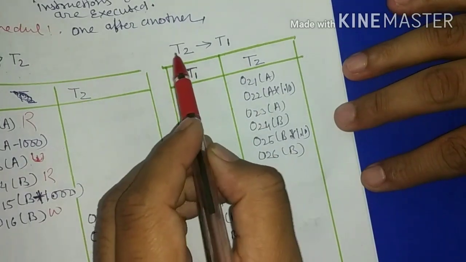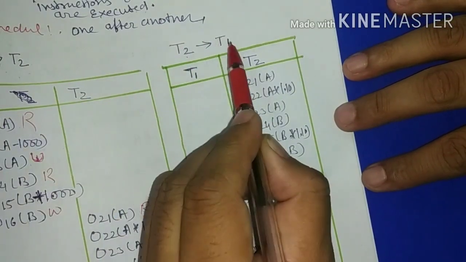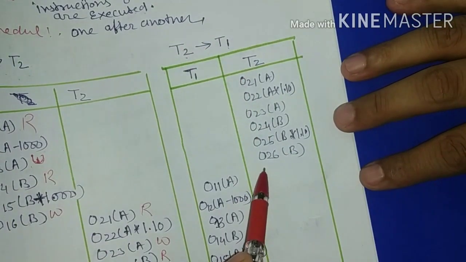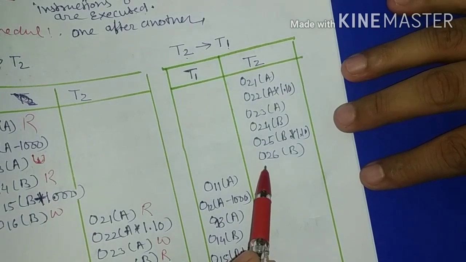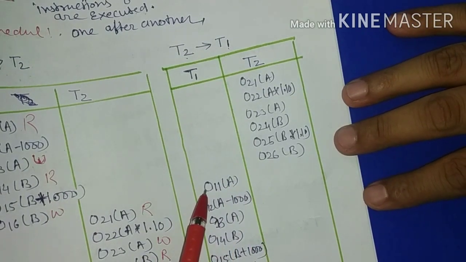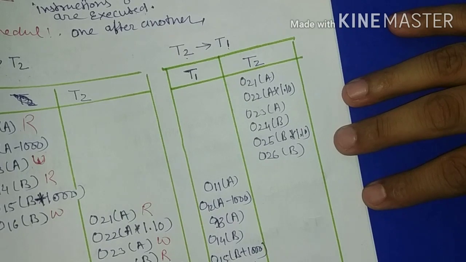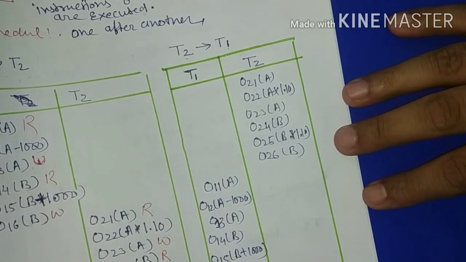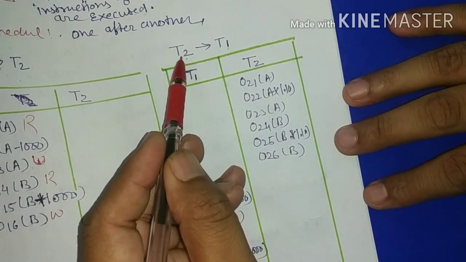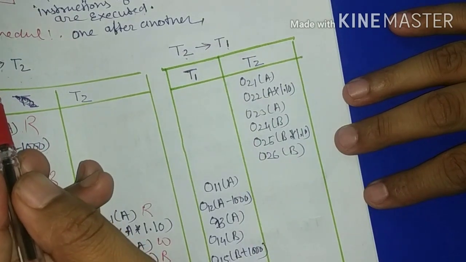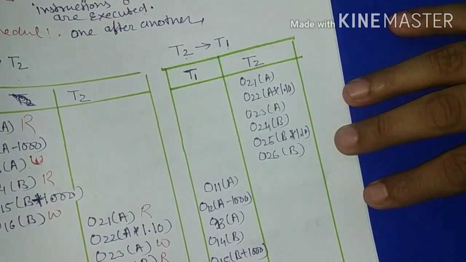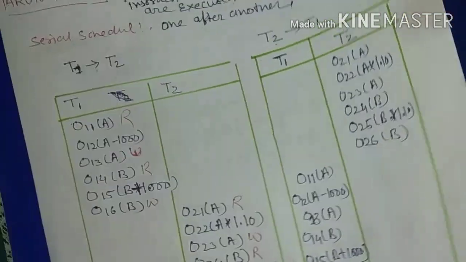Or you execute transaction T2 first, completing all its operations, then start all the operations of transaction T1. So this is another possible serial schedule. You complete T2 first then T1, or T1 first then T2. This is called the serial schedule.